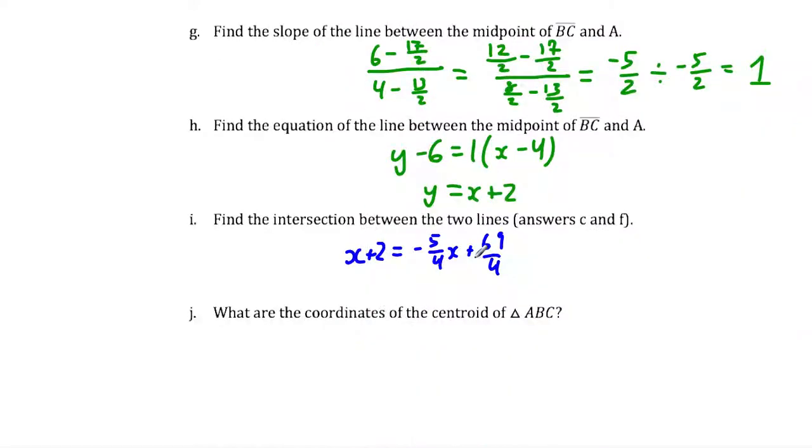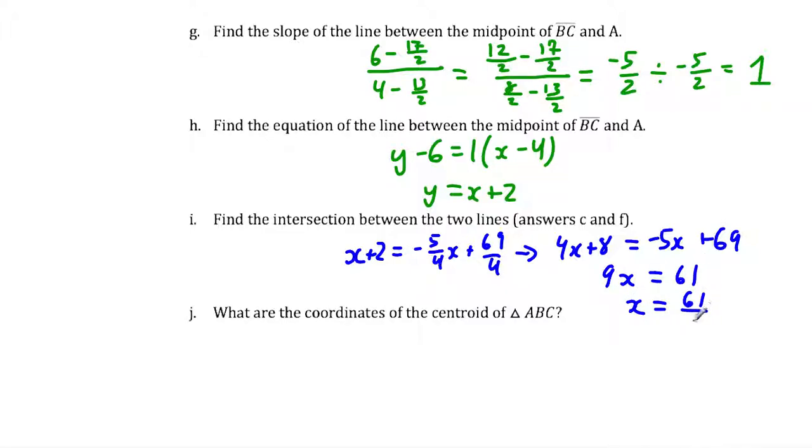Now I know those fractions are intimidating, but again, if I multiply everything by 4, I get 4x plus 8 is equal to negative 5x plus 69. It cancels out the fractions. If I add 5x to both sides, I get 9x. If I subtract the 8, I get 61. So x is equal to 61 over 9.